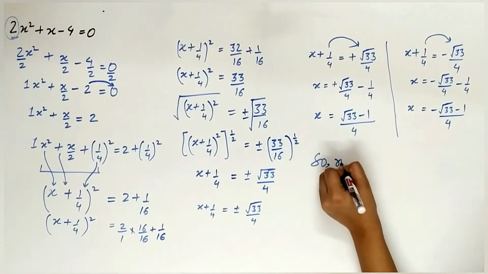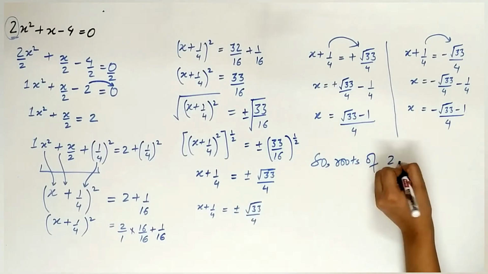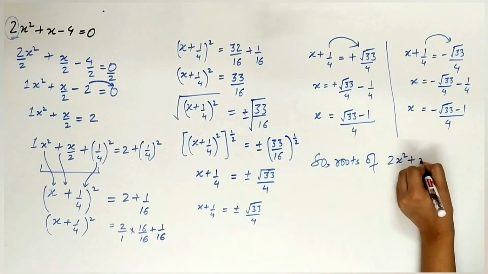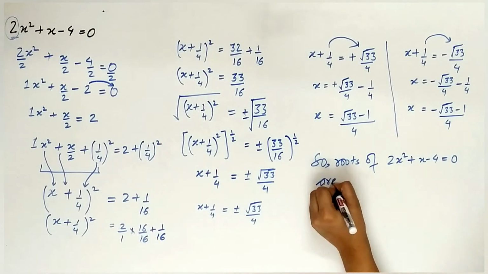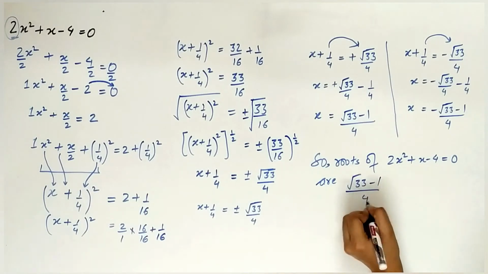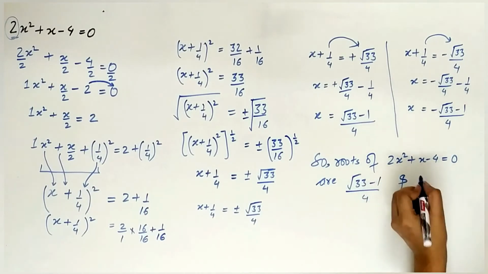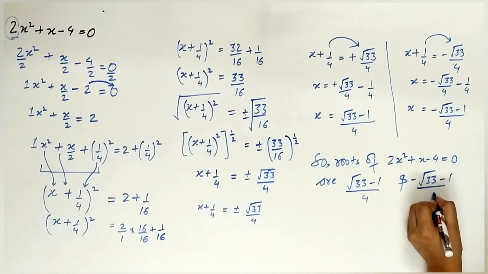So the roots of 2x square plus x minus 4 equal to 0 are root 33 minus 1 by 4 and minus root 33 minus 1 by 4.